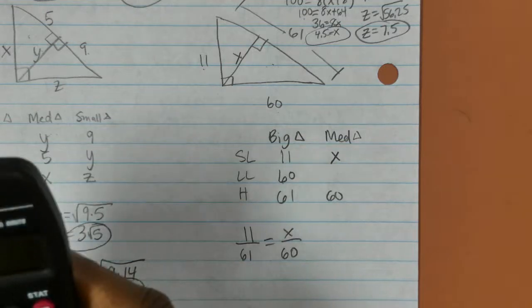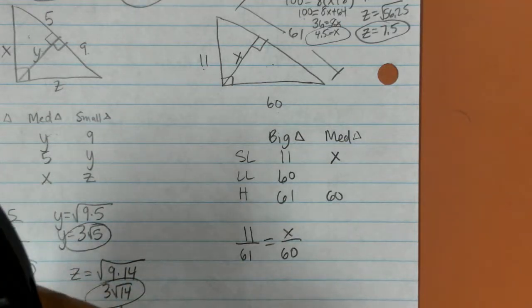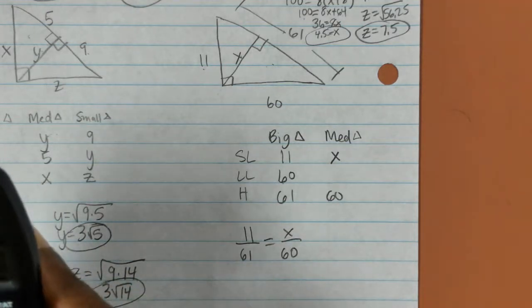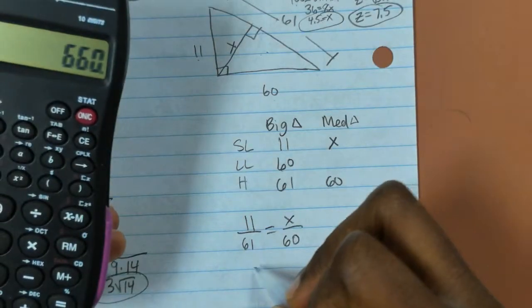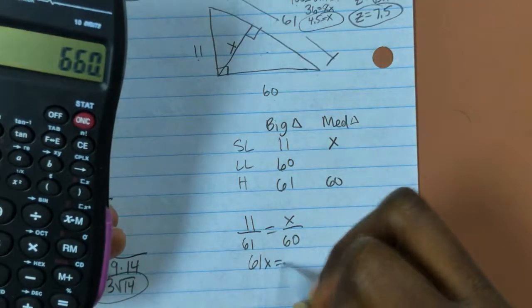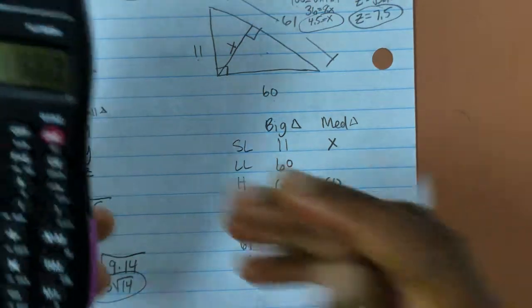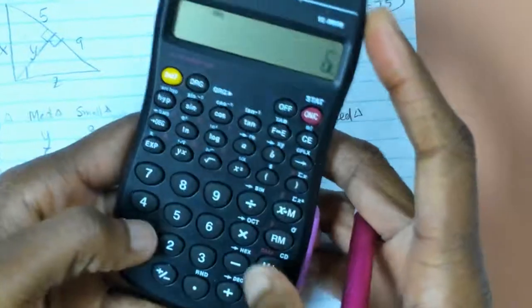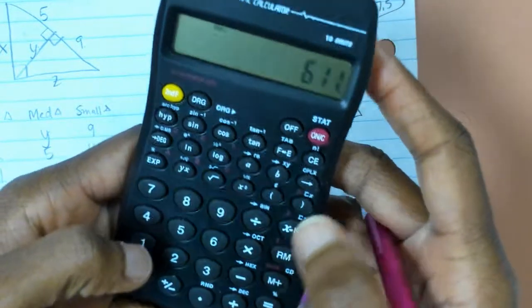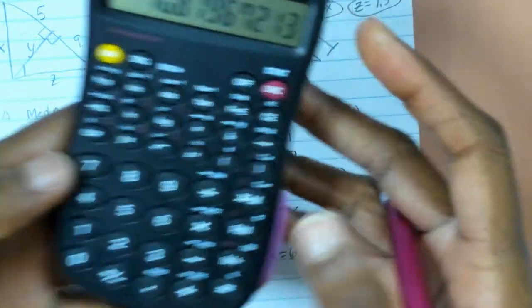Okay, 60 times 11 equals 61x equals 660 divided by 61. Oh man, divided by 61. Oops. It's like 10.8.